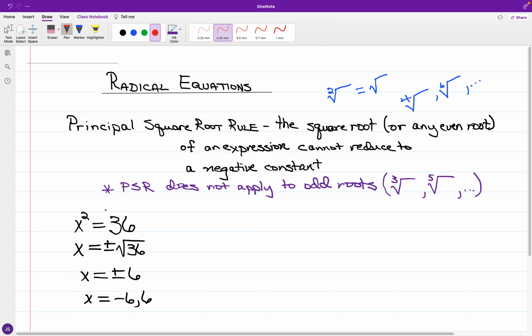Now the equation began with x to the second. If the equation is a conditional, you have a limited number of solutions, possibly up to 2 solutions, depending upon the nature of the equation.